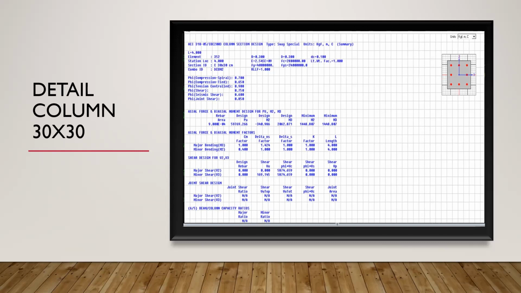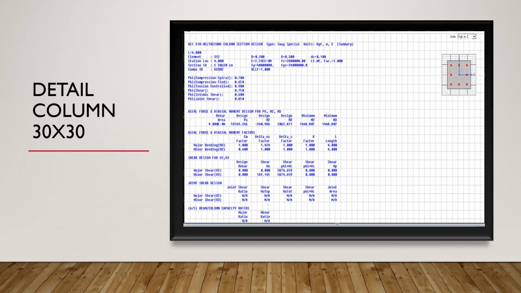And for 25, it needs 6.25 times 10 to the power of minus 4 square meters. So you see that when the size of the column is increased, the area of the rebar also increases, because we choose the smaller section of column for the lower load.